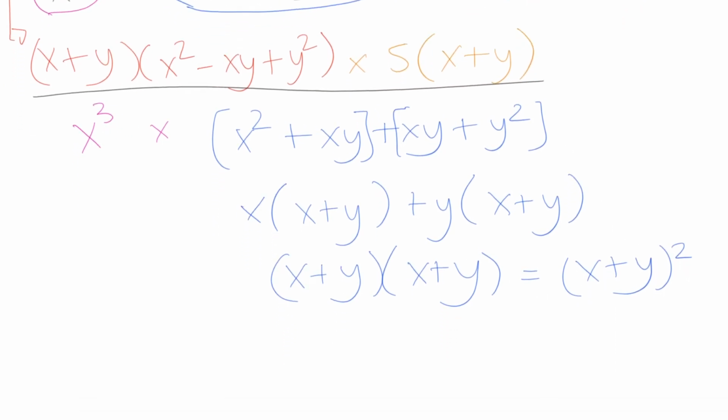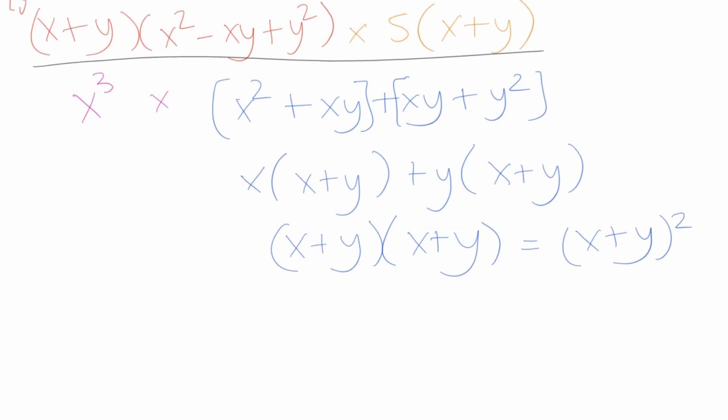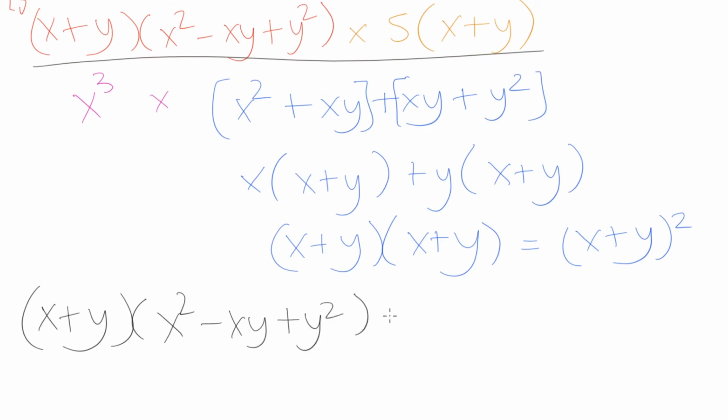So I'm just going to give myself a little bit more space here. Let's write down what we have so far. So we have x plus y multiplied by x squared minus xy plus y squared, times 5 times x plus y.